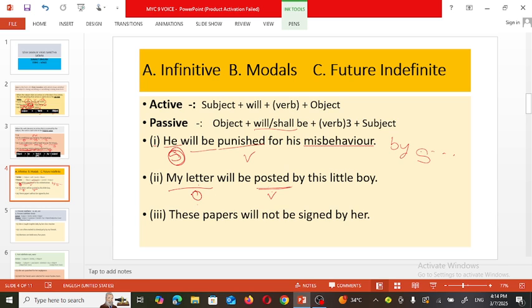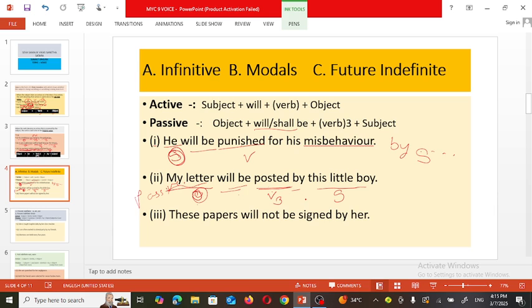Here punishment action was done on he, so he was the object. Here my letter is the object. Will be is the to be form, posted is the verb third form, by this little boy is the subject. So object, verb, subject means the sentence is in passive voice.